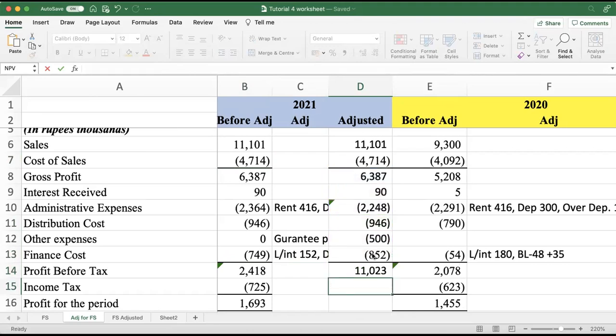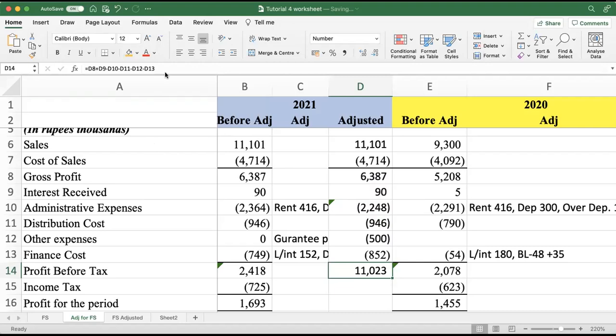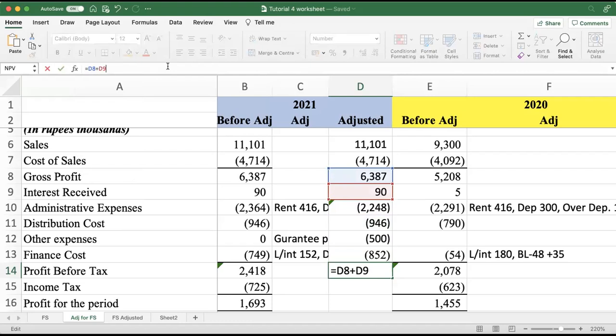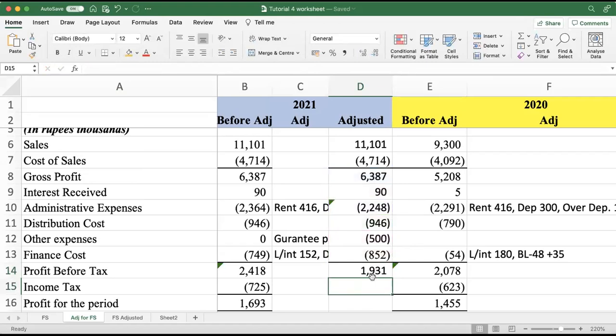You see profit before tax, $1,931. Now see whether you have profit before tax 1,931 after all these adjustments.